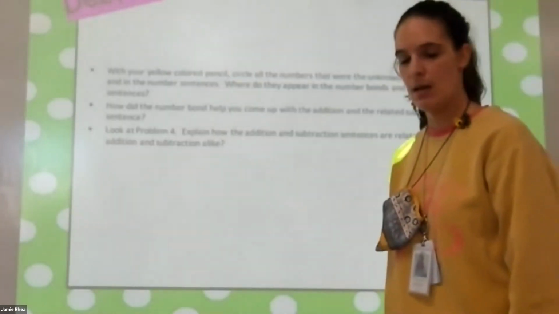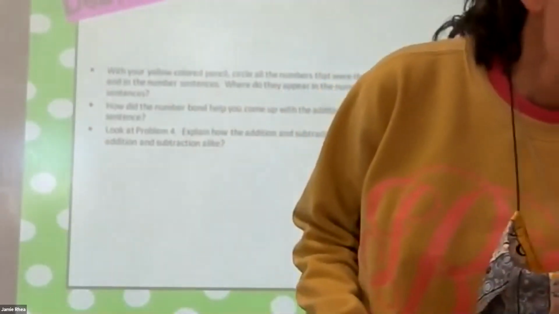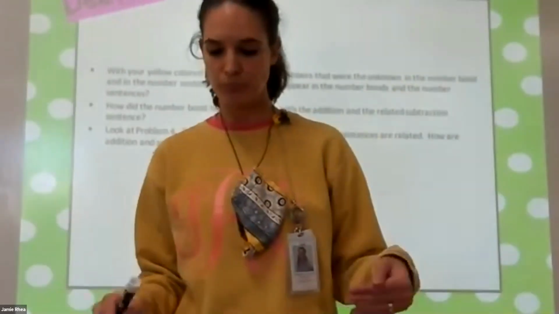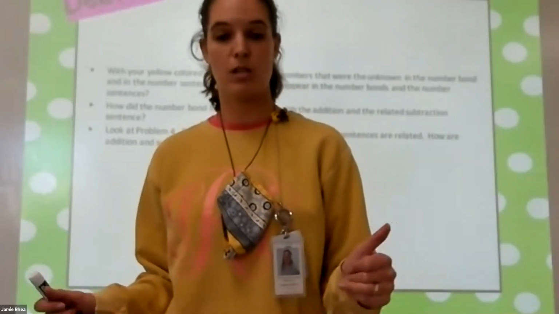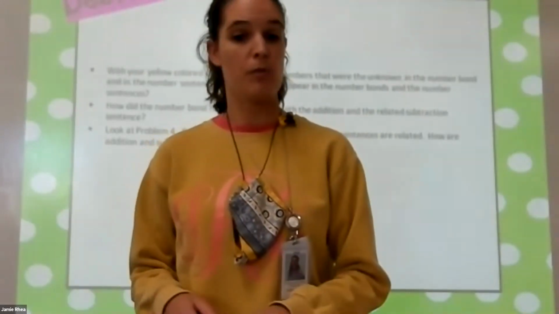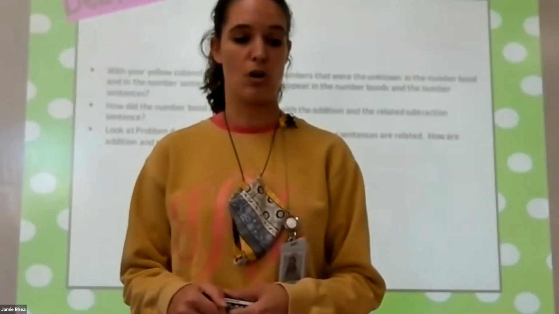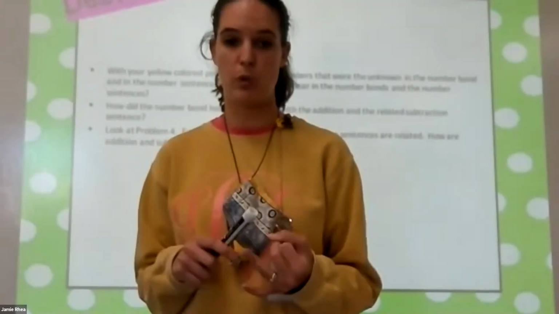Now, you are going to do numbers 1, 2, and 4. You're going to do your exit ticket, and then you're done. So remember, you're doing the exit ticket, all of it. You're doing set 1, 2, and 4.